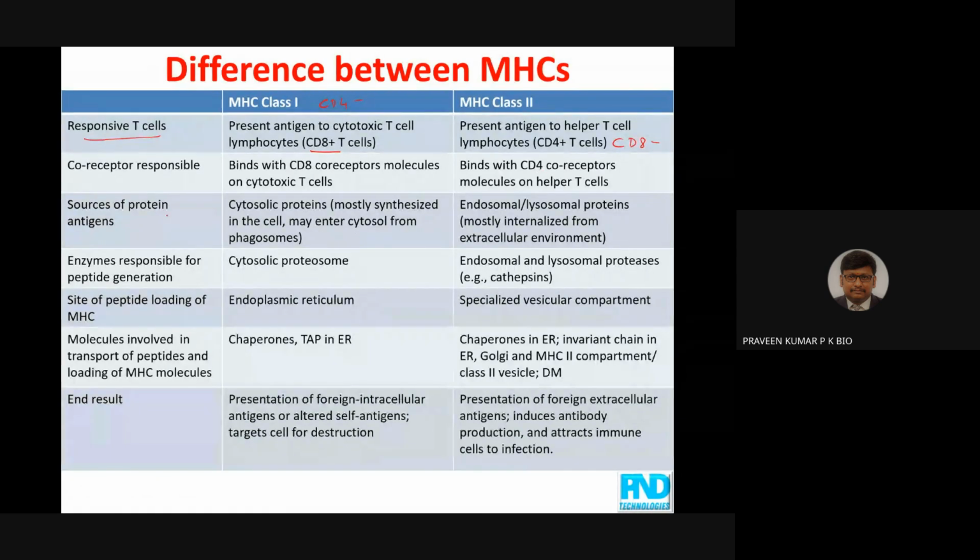To know about this, you can find it in plenty of textbooks. There are so many parameters like sources of protein antigens, enzyme responsible, site of peptide loading, molecules involved in transport of peptides. In all these parameters, you can see distinguishing features of class 1 and class 2. You can find the variations between class 1 and class 2 in these parameters.